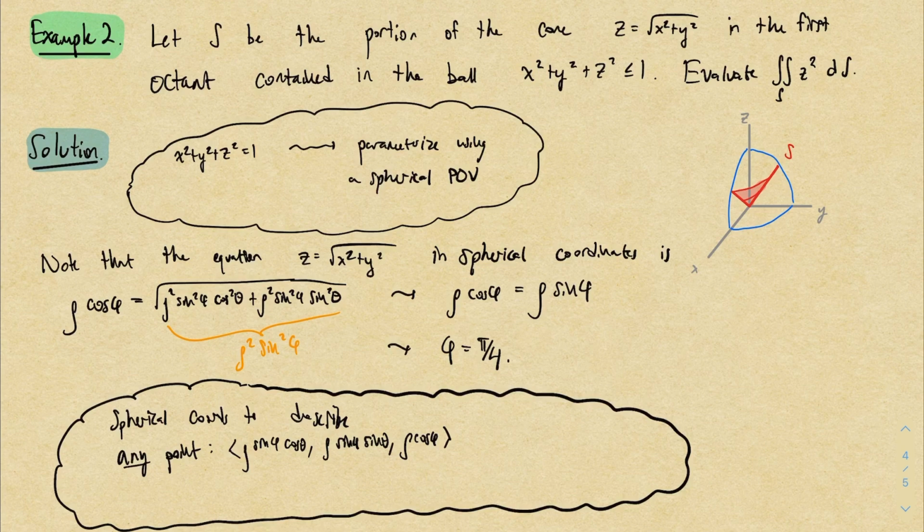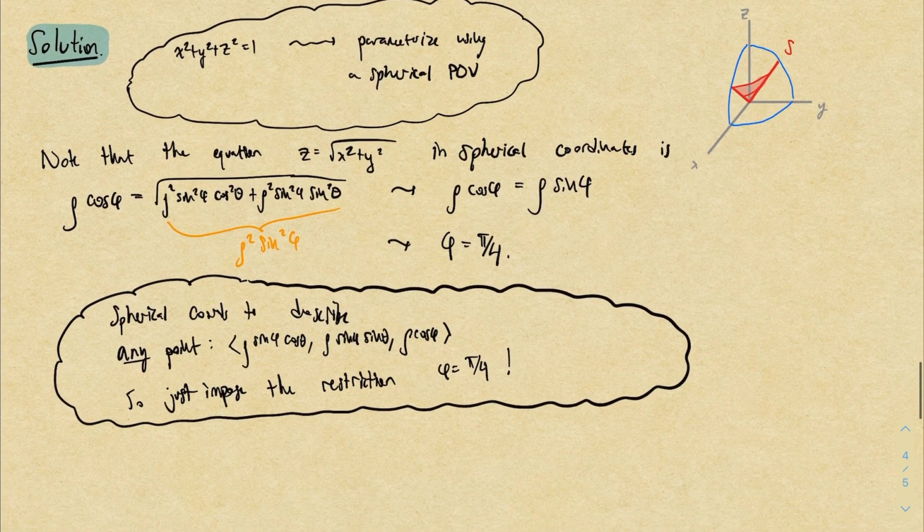We're only trying to describe the points that satisfy phi equals pi over 4. So what if we just take the expression for spherical coordinates that describe all points, and I impose the restriction phi equals pi over 4? In other words, I'm just going to plug in pi over 4 for phi in these spherical coordinate expressions.